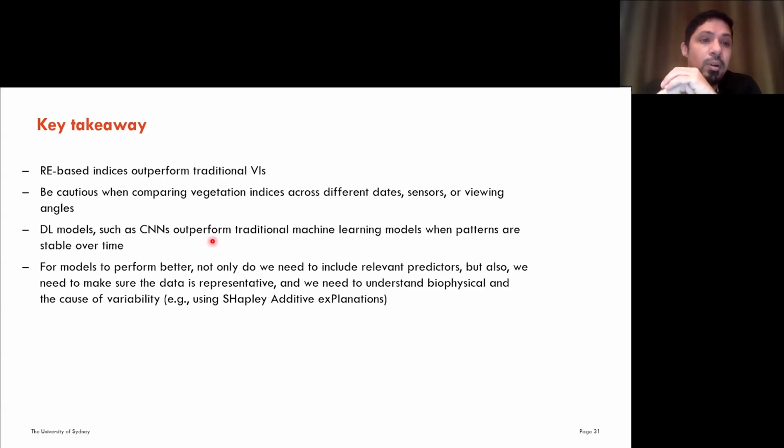So the key takeaway: the red edge-based indices outperform traditional vegetation indices, as I showed. And you have to be cautious when comparing vegetation indices across different scales, dates, sensors, and viewing angles. Deep learning outperforms the other machine learning methods when patterns exist.